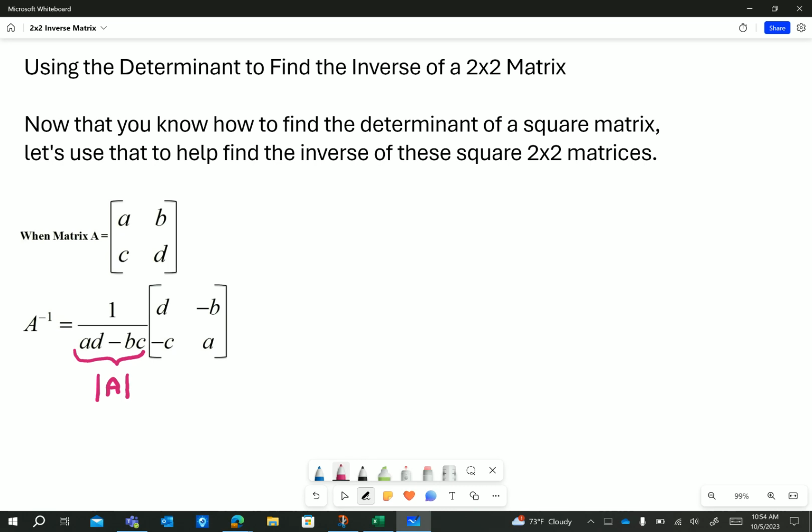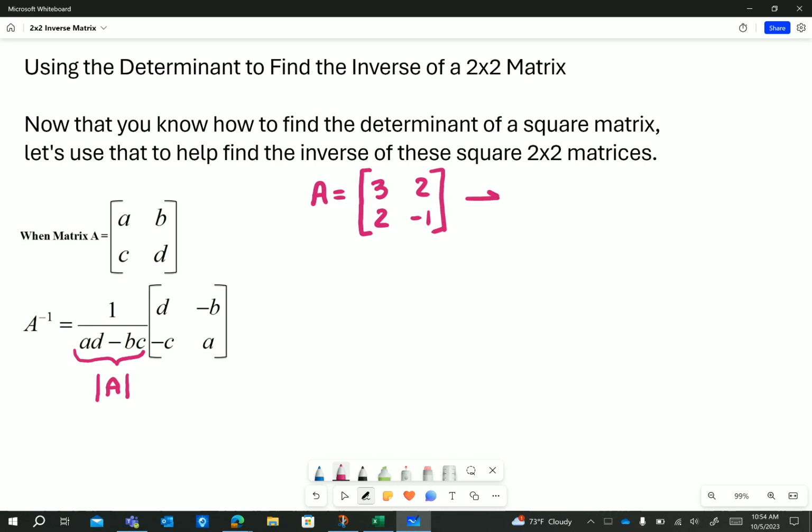Okay, so we are going to start with problem number 1. The matrix was 3, 2, 2, negative 1. Let's call it matrix A, with brackets because this is our matrix.